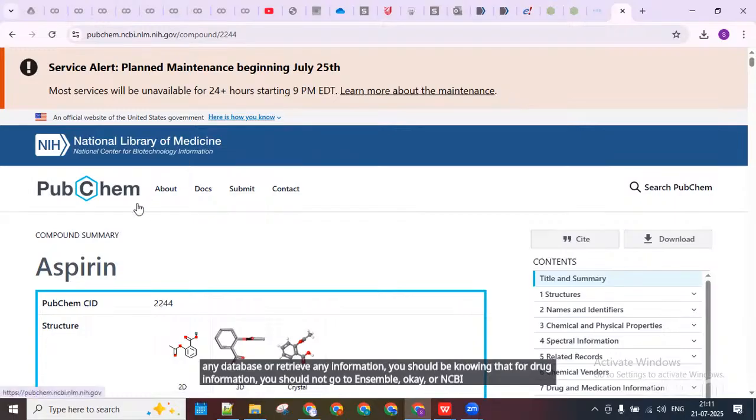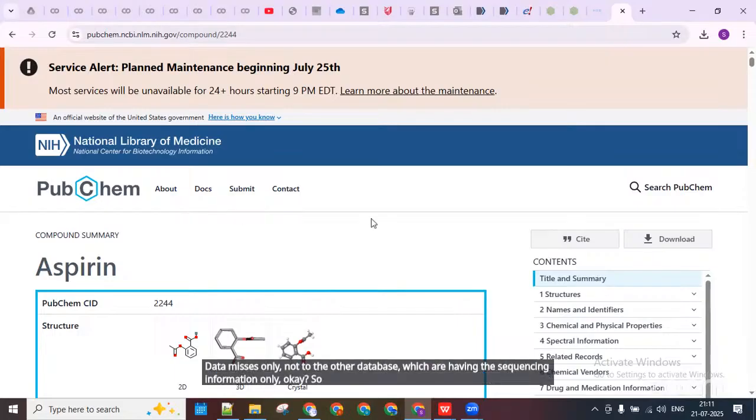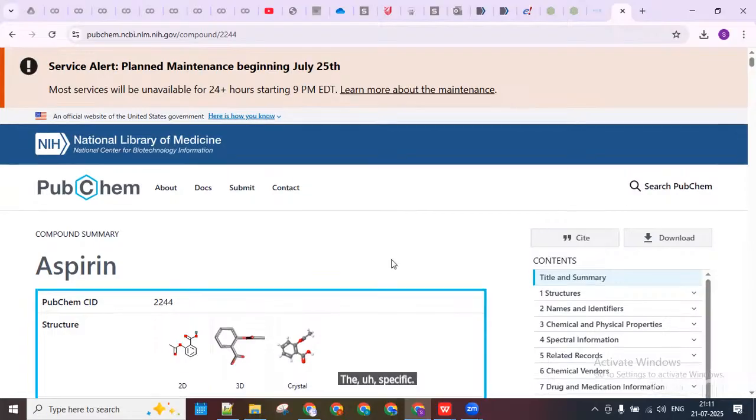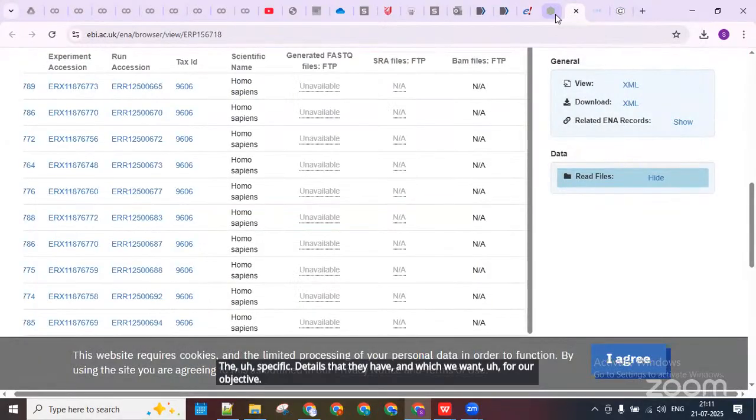You should come to PubChem, or even the ZINC database is there, or DrugBank is there. So for a specific task, you should go to specific databases only, not to other databases which have the sequencing information only. Okay, so that is why we need to be aware of these databases which have the specific details that we want for our objective. Okay, so I hope that is clear.